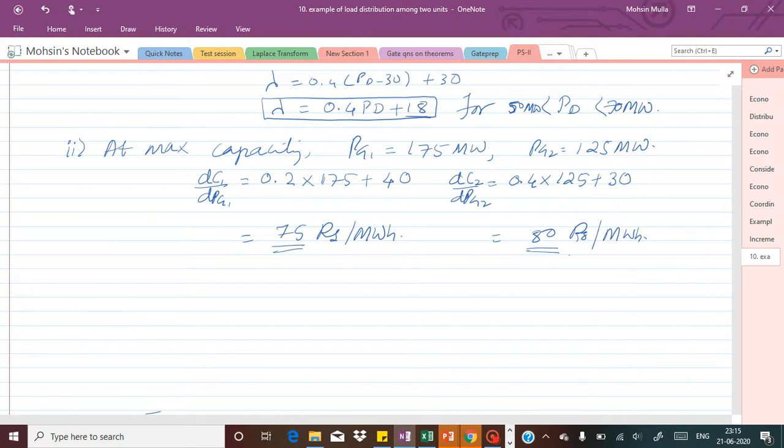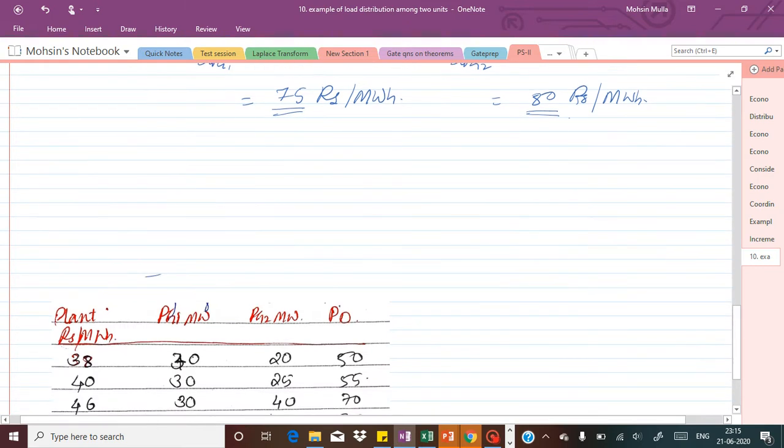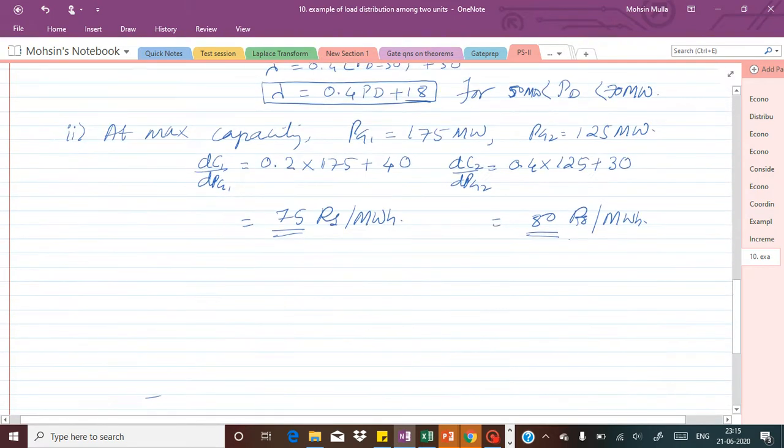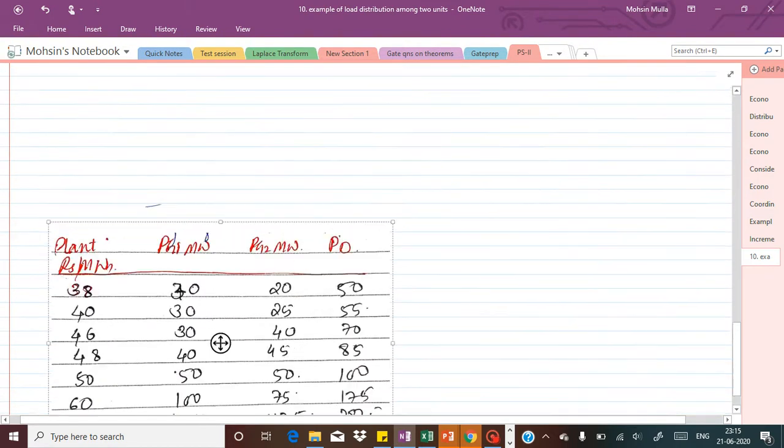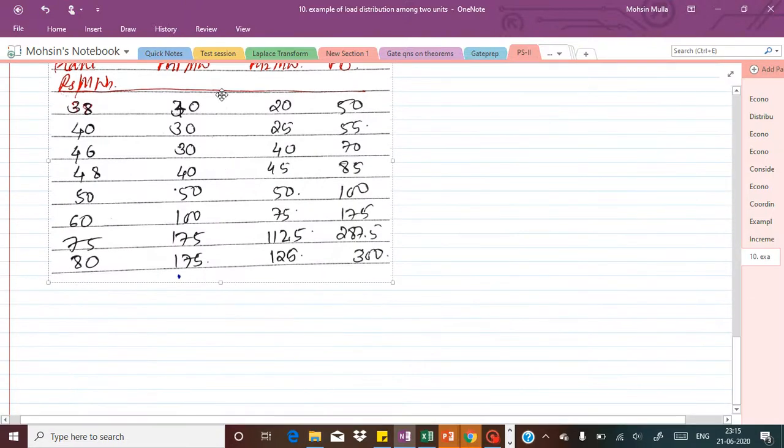So if the demand is to be met above the maximum capacity, first generator 1 has to be loaded, and only then generator 2 has to be loaded. That is the situation we have to consider here. Now let us try to obtain the condition at which this will happen.